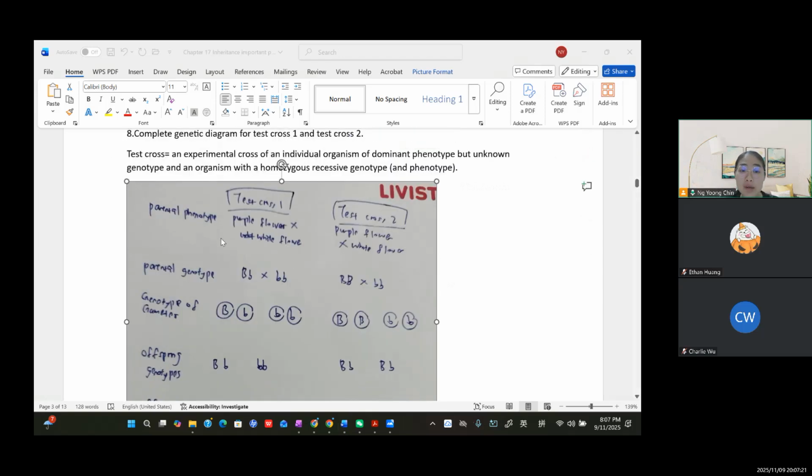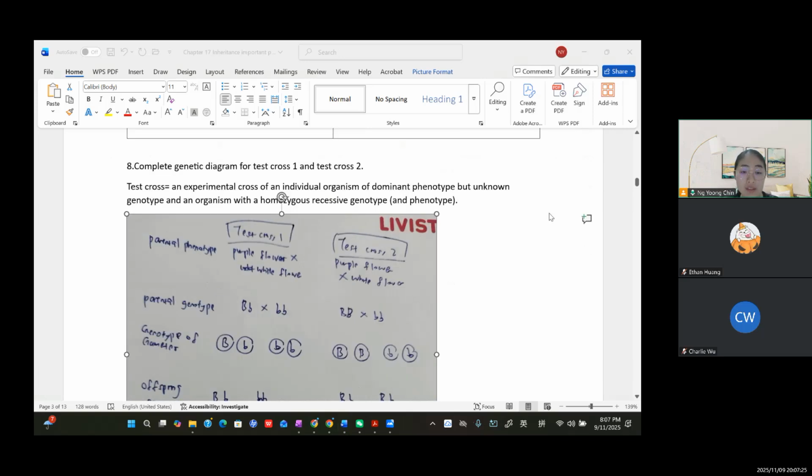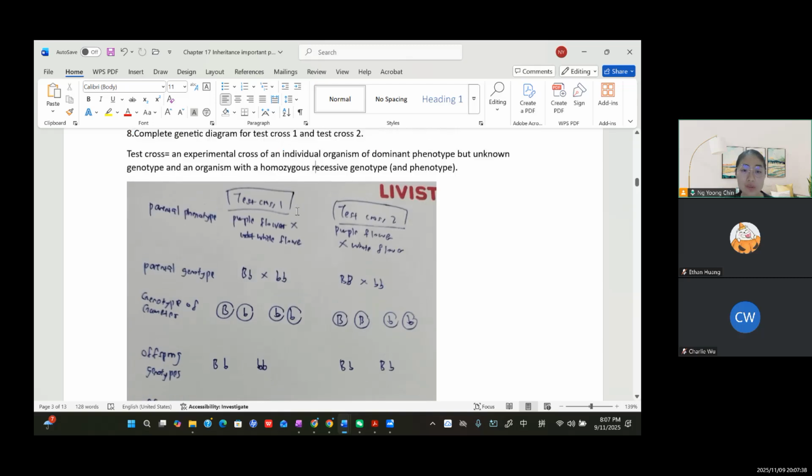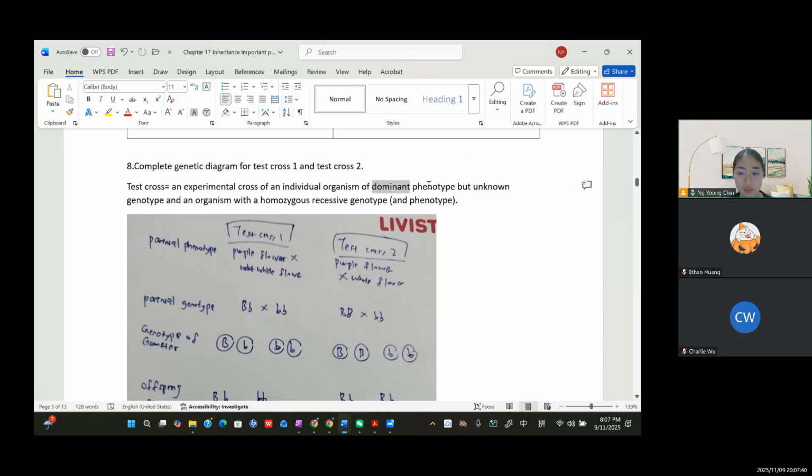So actually your parental phenotype, which is the dominant one, is either homozygous dominant or heterozygous dominant. You just want to know this, so that's why you do this test cross. Which is this one, dominant phenotype, but it's unknown.